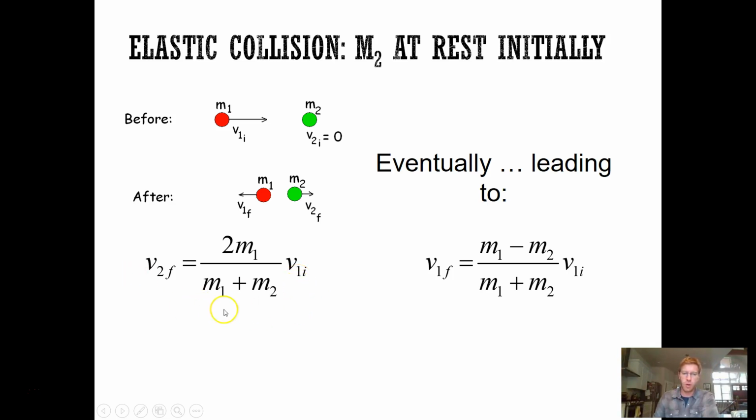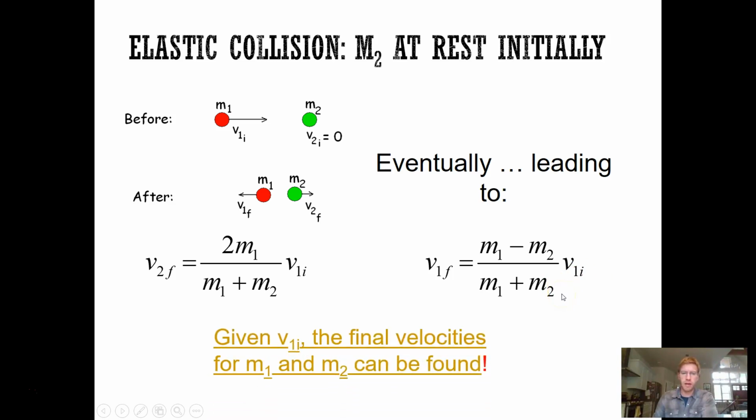The simplified equation comes directly from conservation of momentum and conservation of kinetic energy. And similarly, you can solve for the final velocity of that first mass as being the difference in the masses over the total mass times the initial velocity of object 1. Pretty cool, right? Very simplified equation.